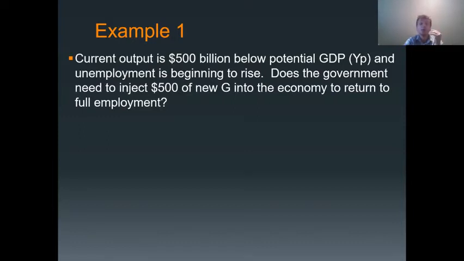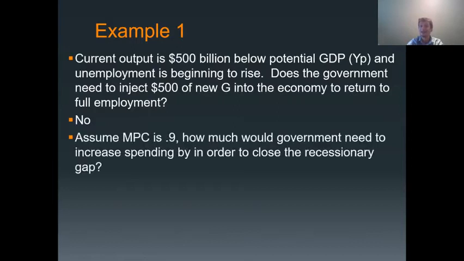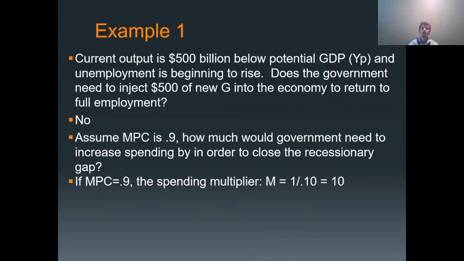And the answer is no. According to the multiplier effect, they do not need to do that, because their initial spending will multiply throughout the economy. So if we now assume our MPC is 0.9, how much would the government need to increase spending by in order to close that recessionary gap?